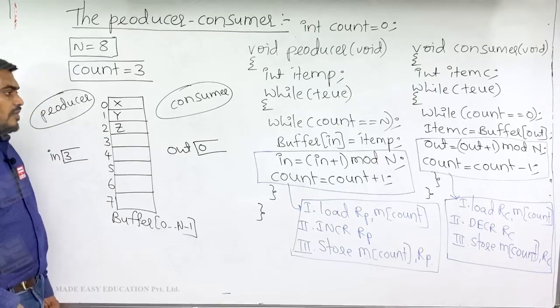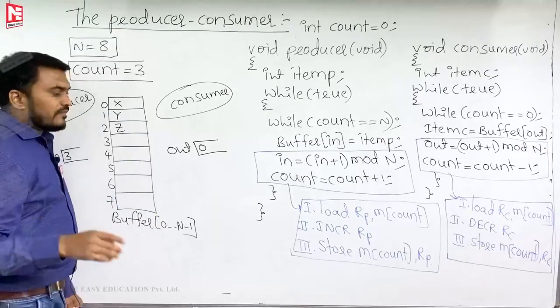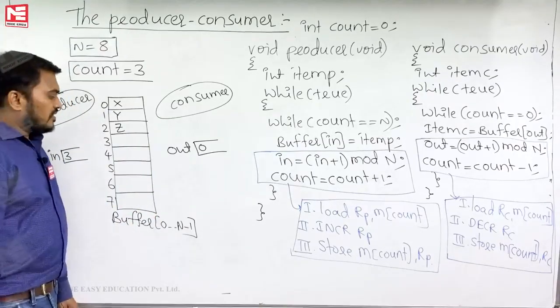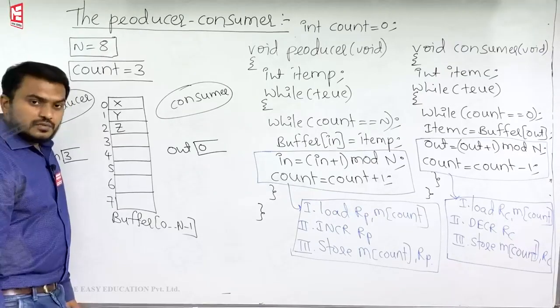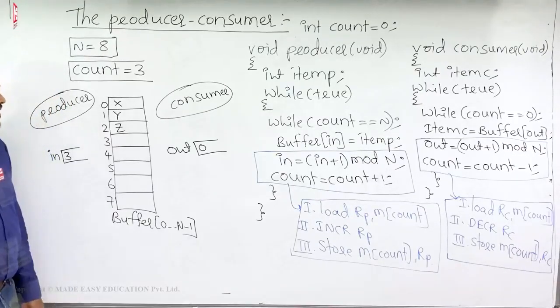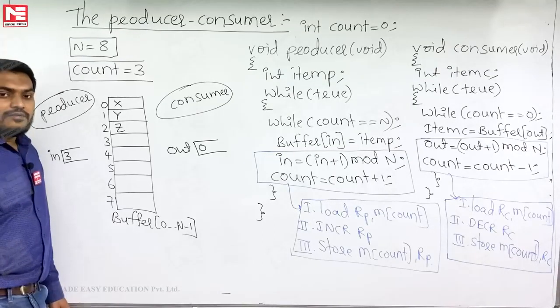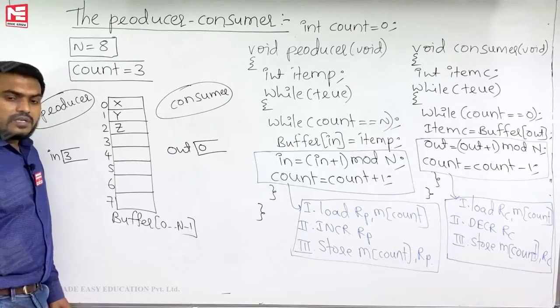Okay. And next, what is the meaning of the out variable? Out is a variable used by the consumer to identify from where it has to consume the item.